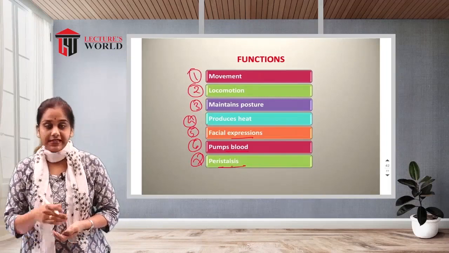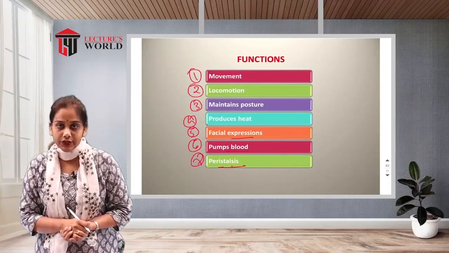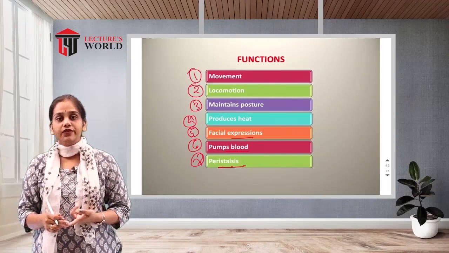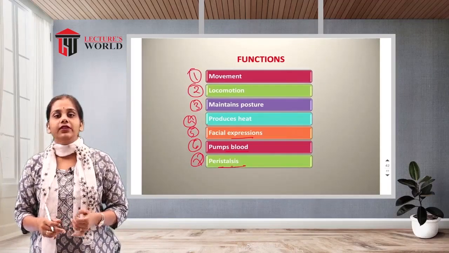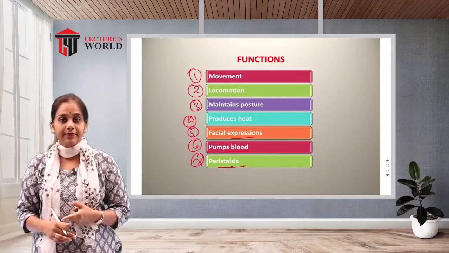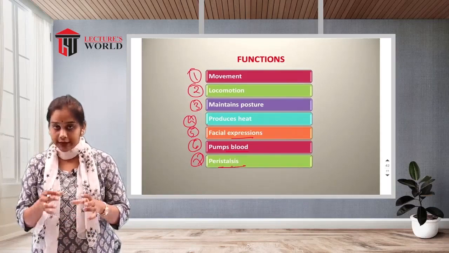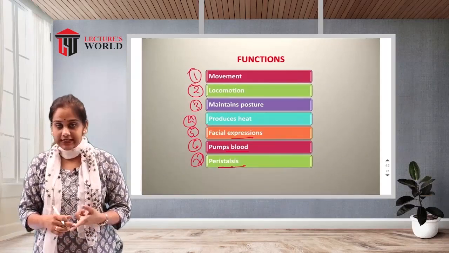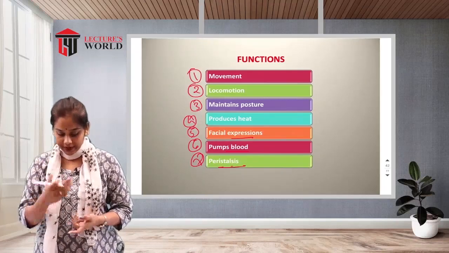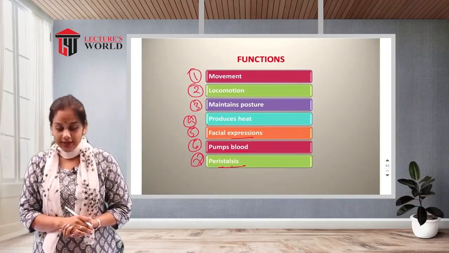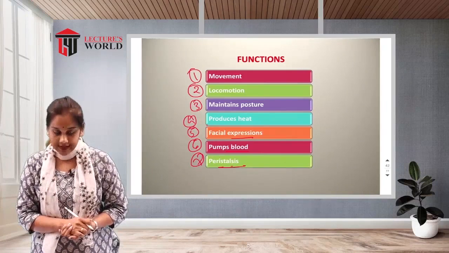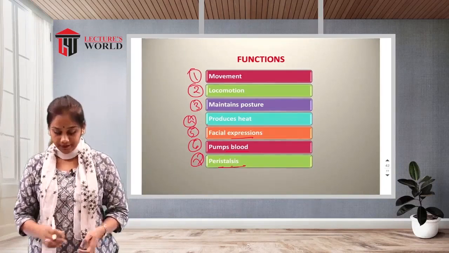So these are the basic functions of the muscle tissue: movement, locomotion, maintaining posture, production of heat and stored energy, facial expression, which gives facial appearance, then pumping the blood and the peristalsis movement.